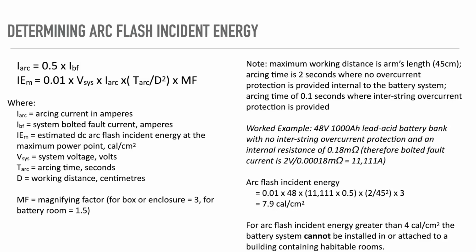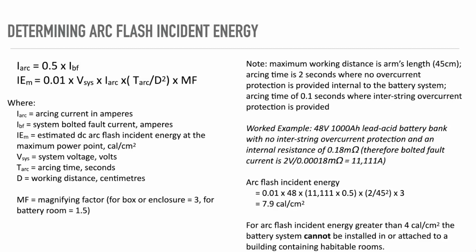If you have internal overcurrent protection within the battery system, or string protection within the battery cells, then the arcing time will be significantly less, typically 0.1 of a second, but you can even calculate it based on the current time series for the protection device.